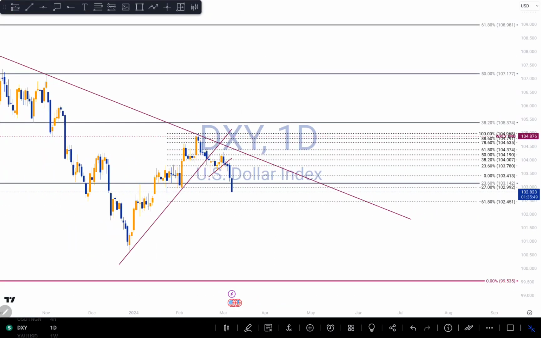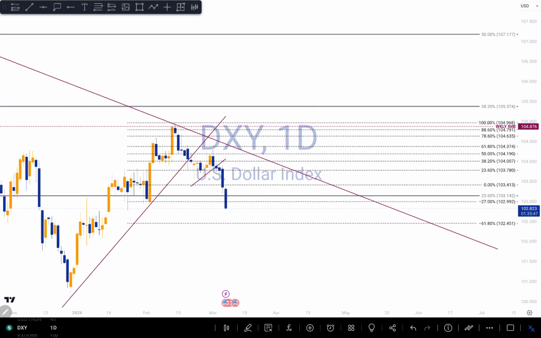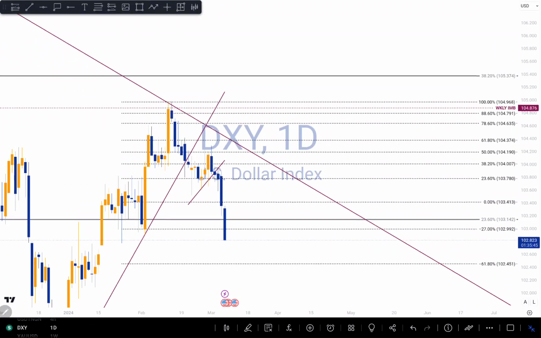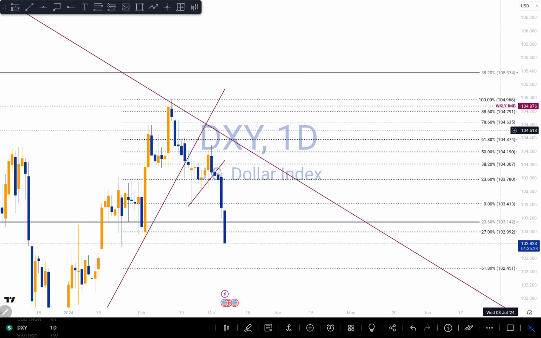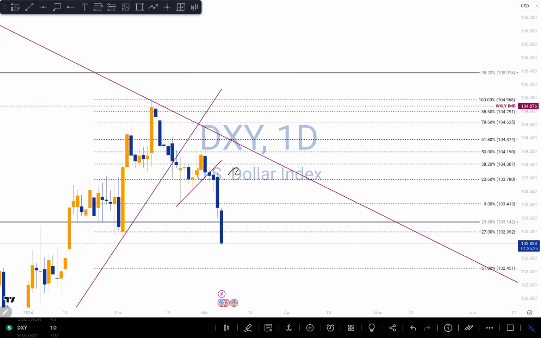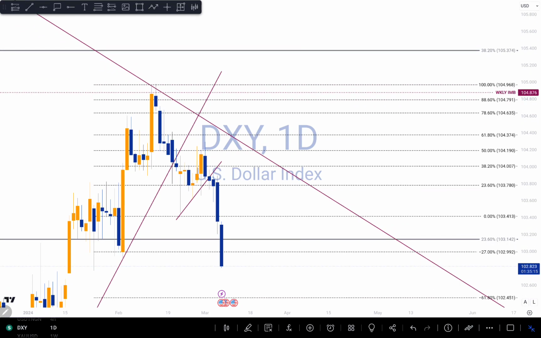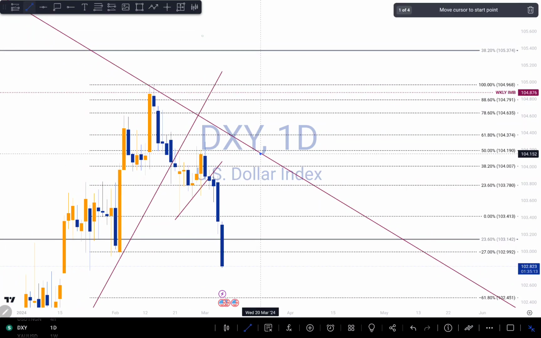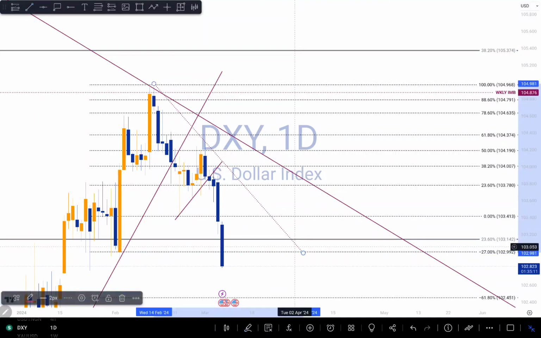Let's go to a much smaller time frame and see. So we can see on the smaller time frame here, this is the daily time frame. We can see that we are currently continuing to have a bull run. So certainly I'm expecting a bear movement on the XY currently. So I can draw a mini trend line right here as well.